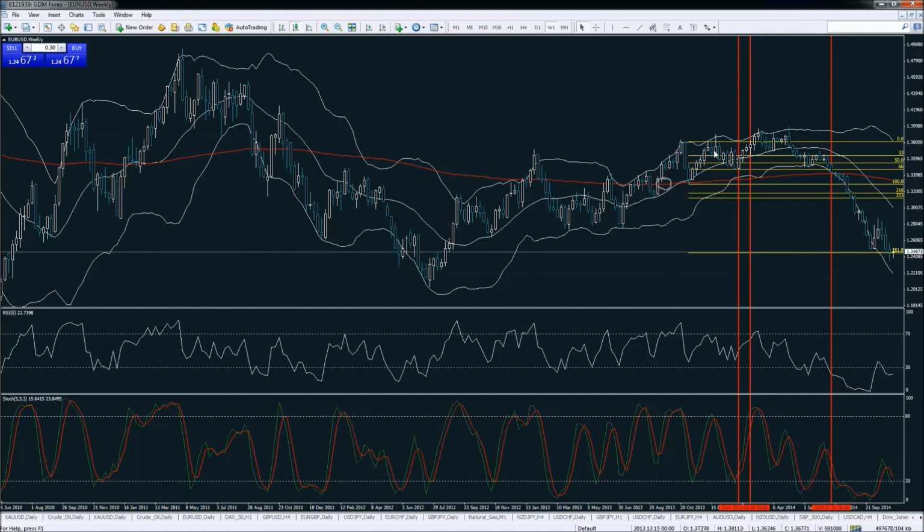So if we shift to the weekly chart, we can see that this range is a little bit higher.